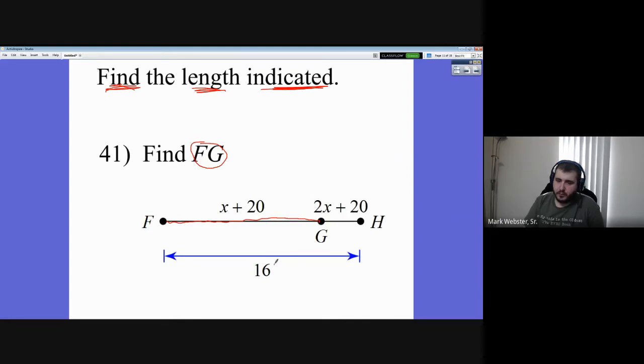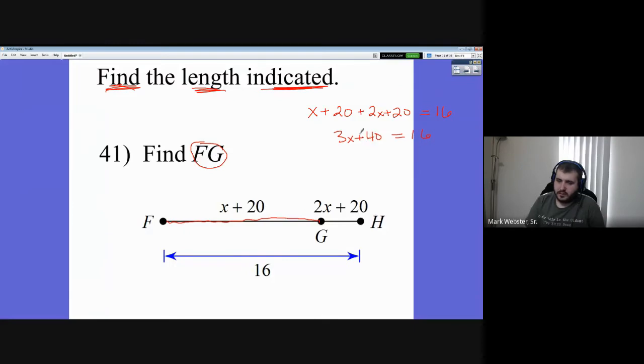Part plus part equals whole. What is x? Okay, here's our equation. We're just going to combine our like terms. We've got our two-step equation.